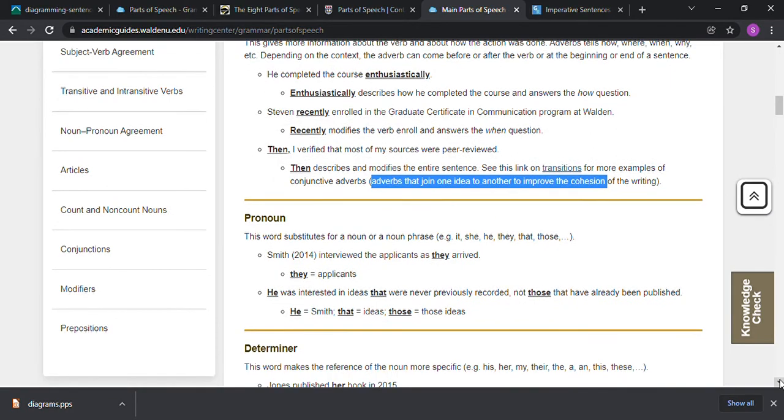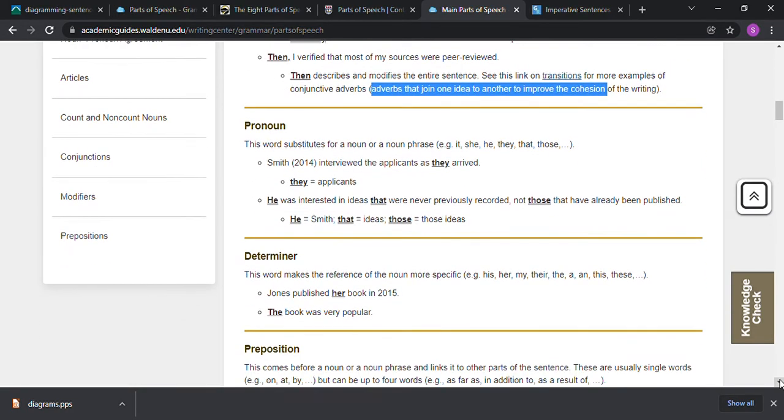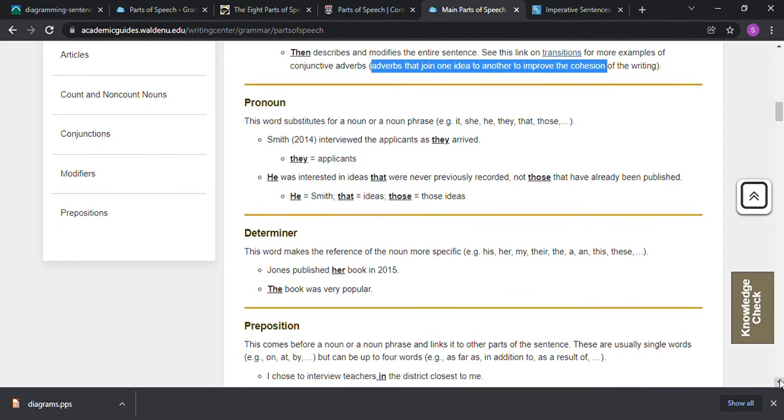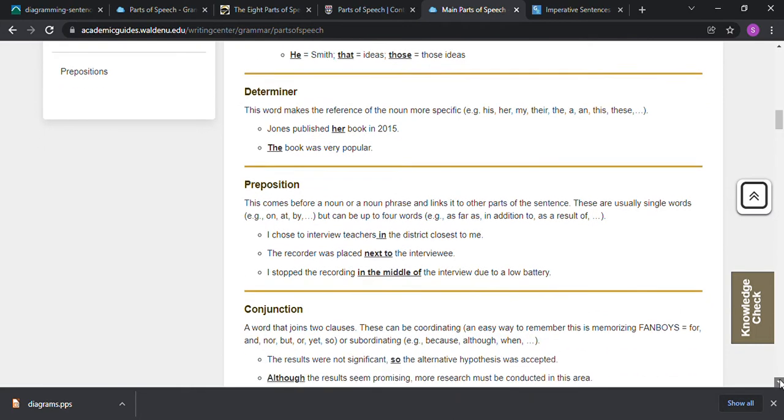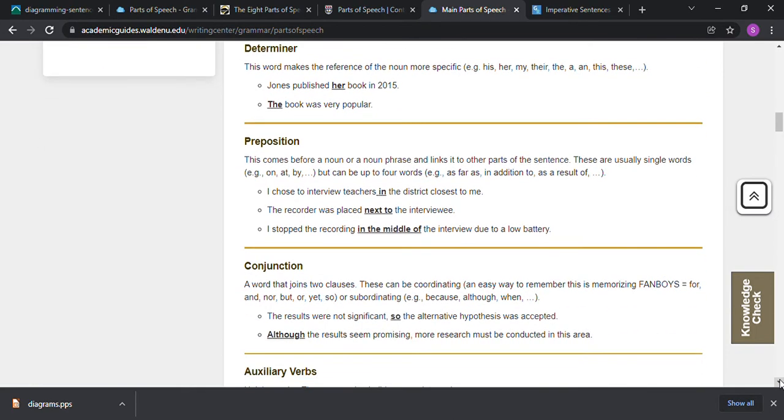And then it talks about pronouns and determiners. And determiner, I don't even remember being taught what a determiner was. Isn't that interesting? So now they have the determiner, preposition. Maybe they had it then and I just don't remember it. So it talks about prepositions. And I'm sure they have a chart somewhere of prepositions.